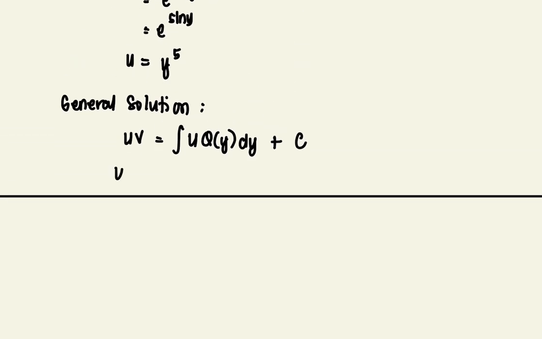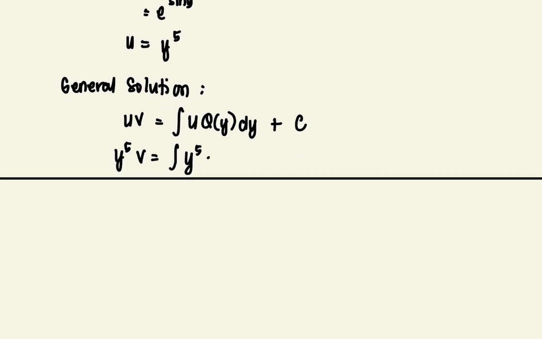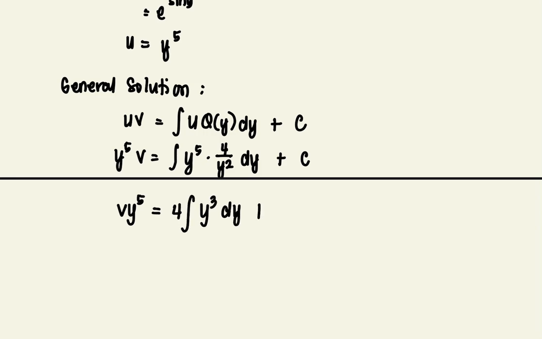And our integrating factor u is y to the power of 5. So v times y to the power of 5 equals the integral of y to the power of 5 times 4 over y squared dy plus c, which is 4 times the integral of y cubed dy plus c. And so integrating, we have y to the power of 4 plus c.